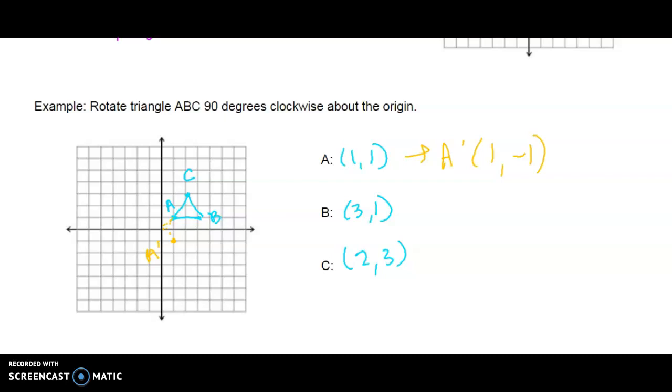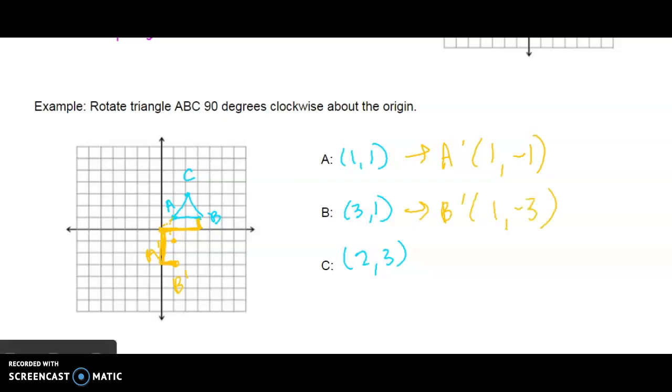B, we can also kind of think about this as how much we go up and over, right? So for B, I can go over 1, 2, 3, up 1. If I take that little L shape that I made in yellow and move it 90 degrees about the origin, now I would go down 3, over 1. Okay? So B prime would be here at (1, -3).